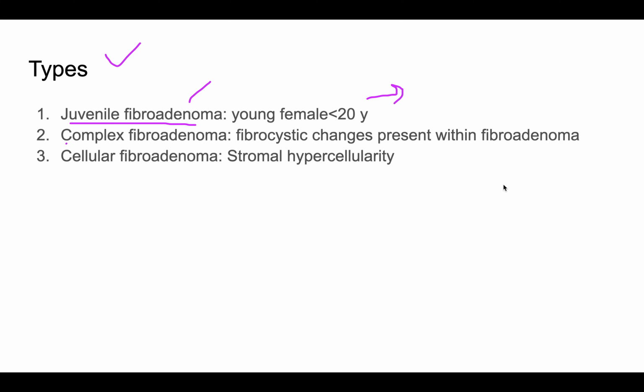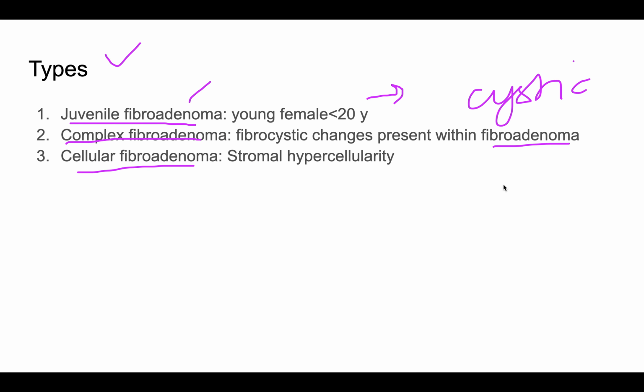Then there is complex fibroadenoma. It is used whenever you see cystic areas inside the fibroadenoma, that is, fibrocystic like changes. Then you have cellular fibroadenoma, which is given when stromal hypercellularity is seen. Stroma should have uniform cellularity in fibroadenoma, but if there is hypercellularity, then the term cellular fibroadenoma can be used.